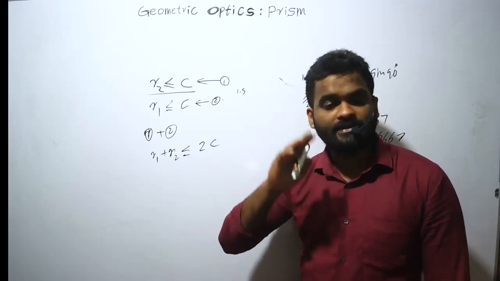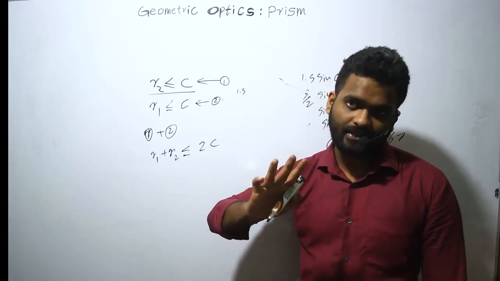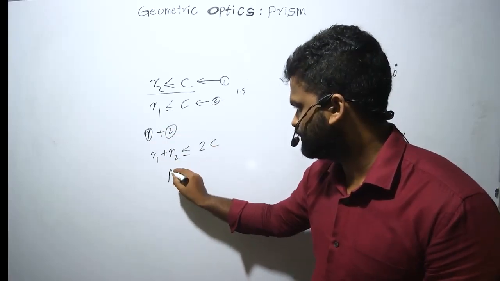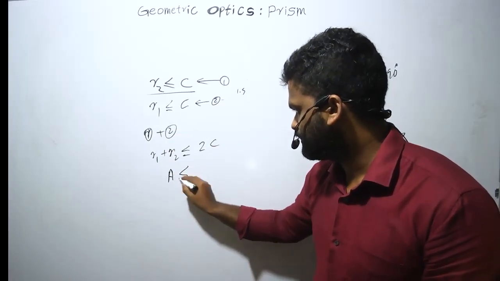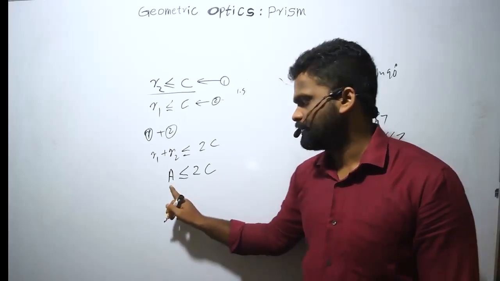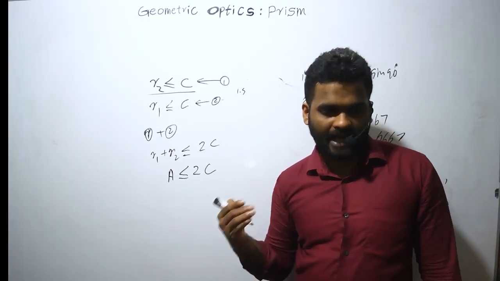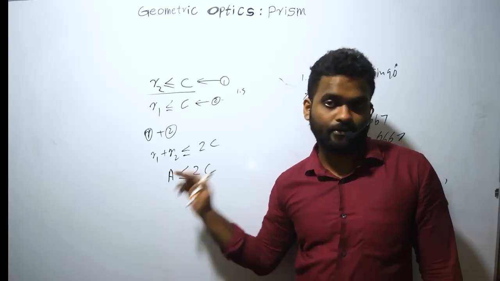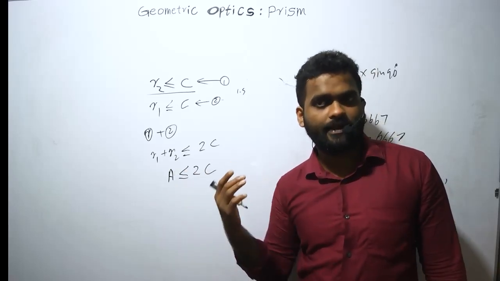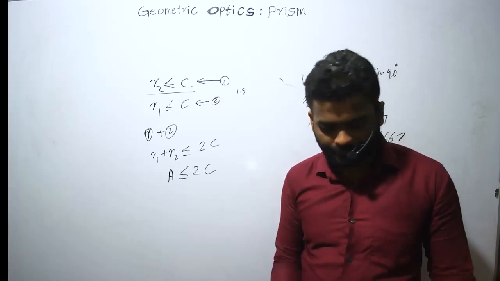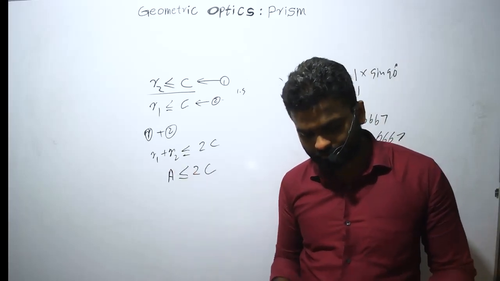R1 plus R2 is capital A, the prism angle. Okay. So this is important. In order to emerge any ray, this is the requirement. The prism angle should be less than 2 times the critical angle. Okay. Take it down.